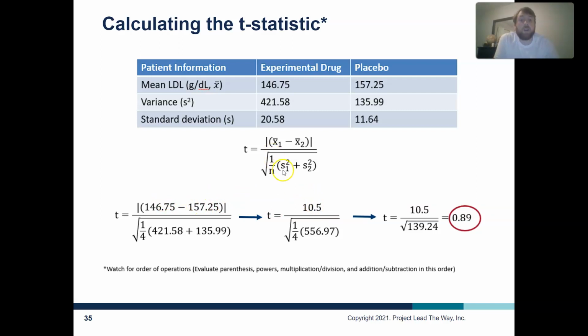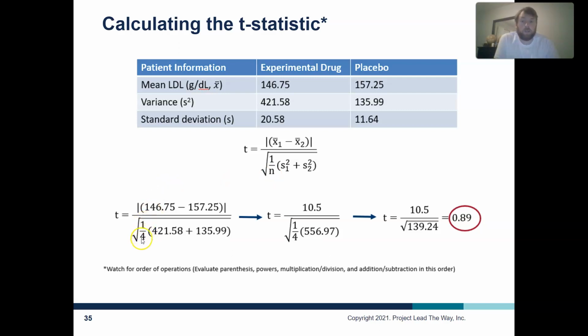In the bottom, we're going to take the variance of the first group, that would be 421.58, and add it to the variance of the second group, 135.99. You can see that right there. And multiply that sum by 1 over n, with n being 4 because that is the number of individuals in one group.